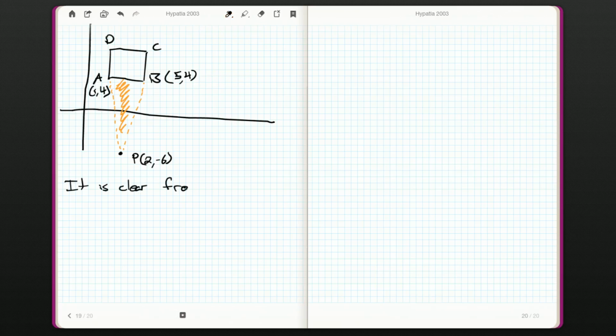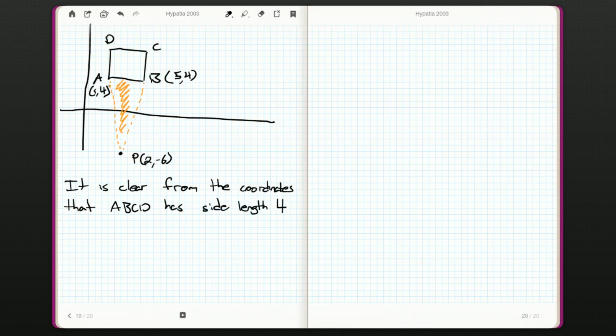So it's clear from the coordinates that ABCD has side length 4. I don't think we really need to go into that.